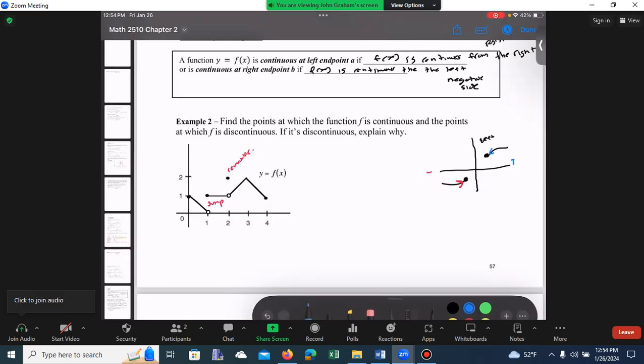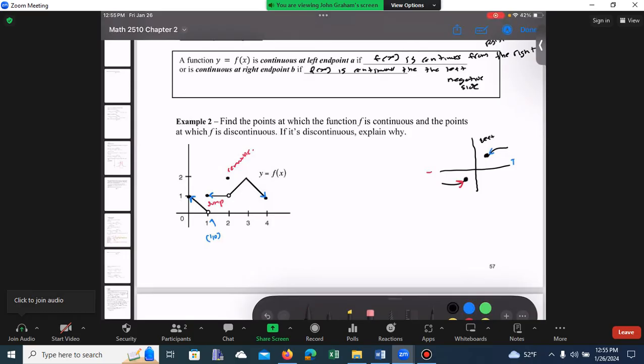Going into the endpoints, this is continuous. This one's continuous. And this one's continuous. The endpoint at x equals 1, (1, 0), is not even included, so we don't have to worry about whether it's continuous or not. Going into a hole, we also don't count that as an endpoint.